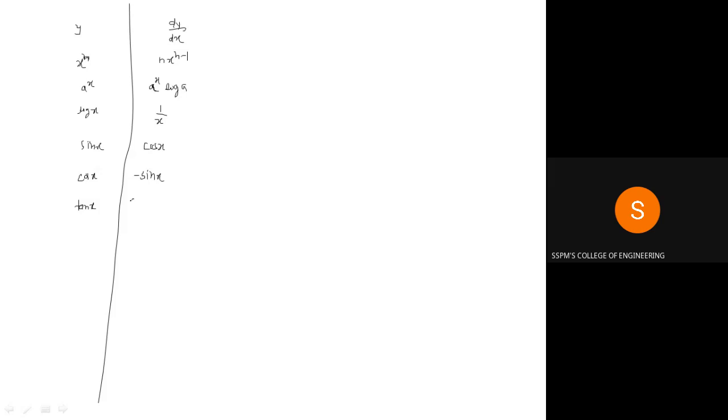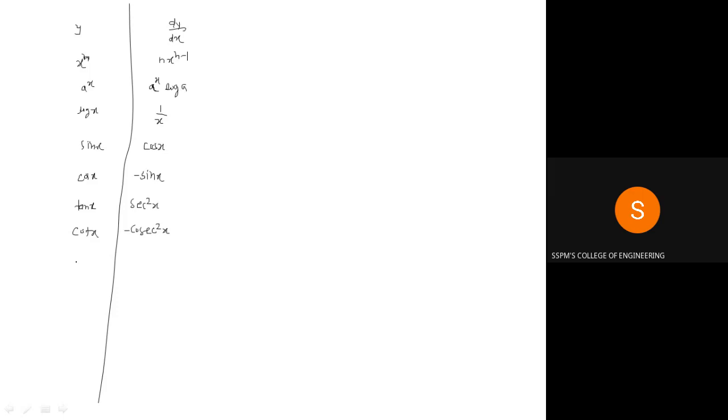Tan x का डेरिवेटिव क्या होता है? sec square x. Cot x, its derivative will be minus cosec square x. Sec x is sec x tan x, and then cosec x is what? Minus cosec x cot x.